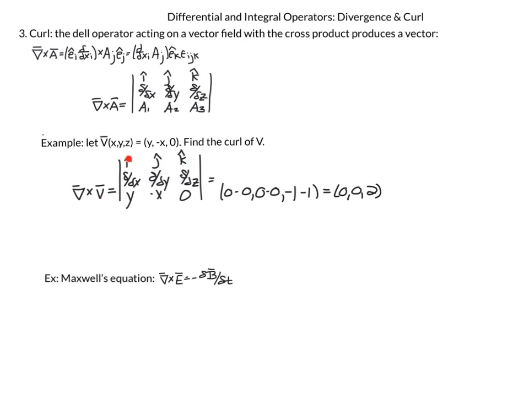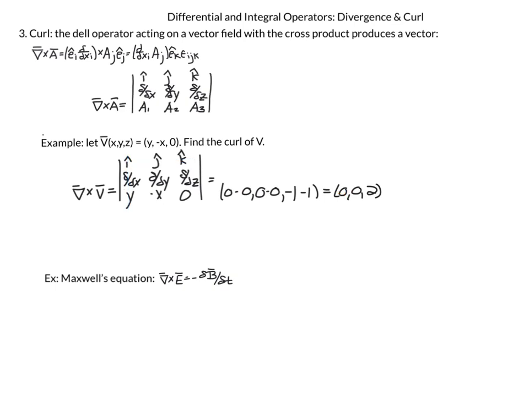So here's our determinant: i, j, k direction vectors, d/dx, d/dy, d/dz, and our vector field y, minus x, 0. Doing the cross product in the i direction, crossing these two out and then cross multiplying, I got d/dy of 0, 0 minus d/dz of minus x is 0, so 0 in the i direction.